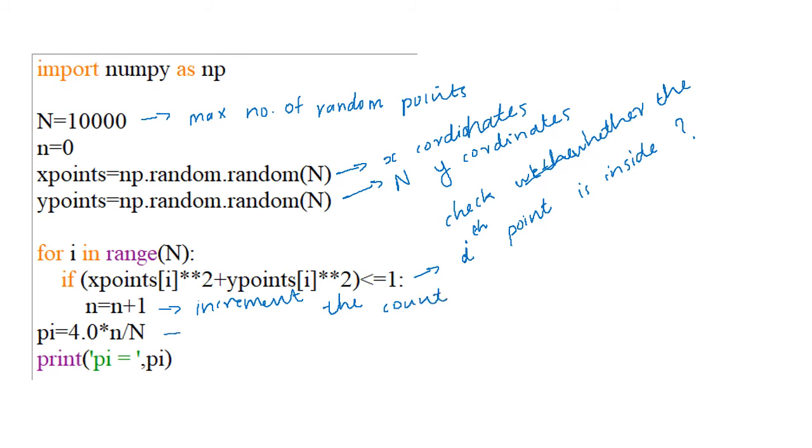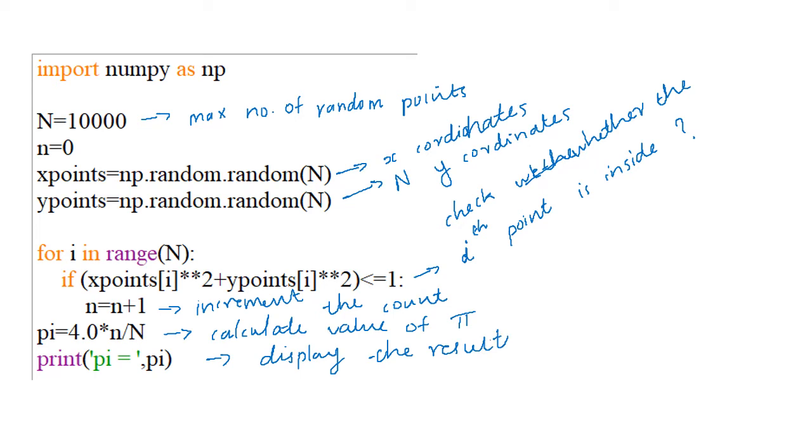And this is the direct formula to calculate the value of pi, and we just print the result, we just display the result. So this is very straightforward and very simple.